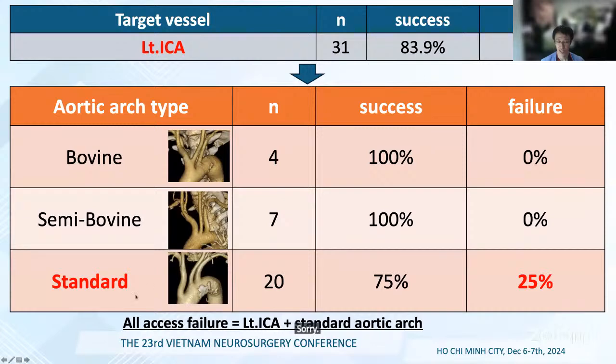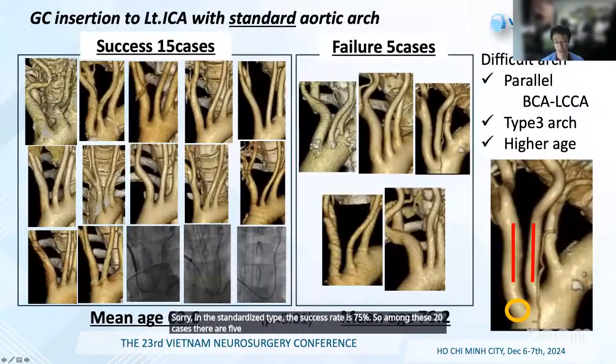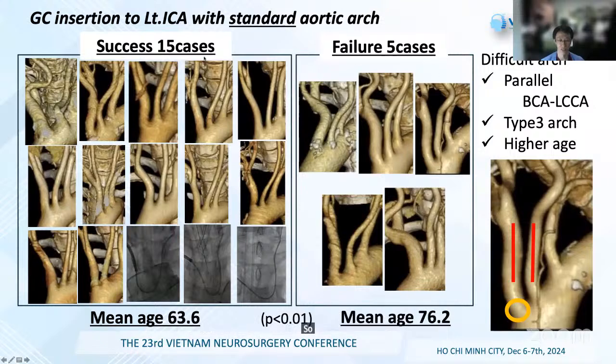In the standard arch type, the success rate is 75%. So among these 20 cases, 5 cases were failure cases. This is a comparison of the 15 success cases and 5 failure cases.